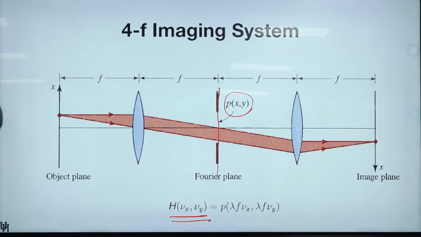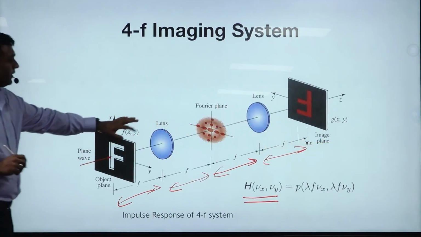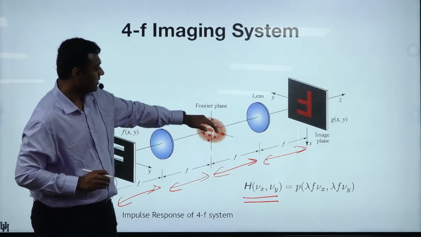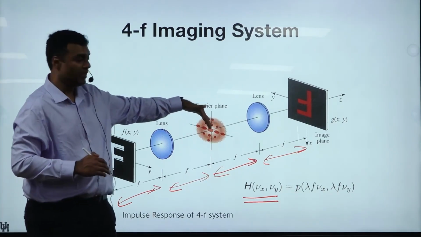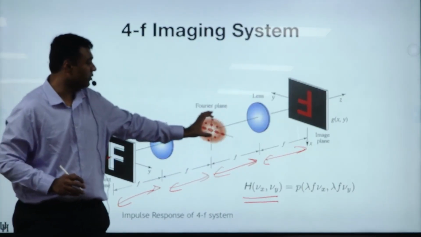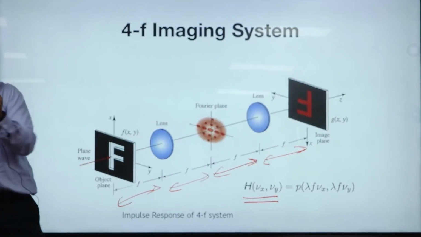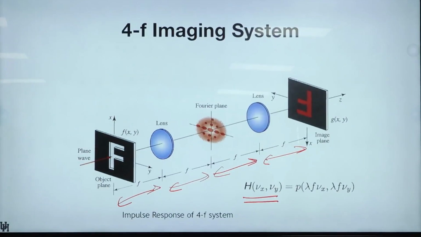You can put some kind of a screen. If you want to remove the high spatial frequencies, you can put something which literally physically blocks off high frequencies. If you want to remove low frequencies, you can put something which removes the low frequencies, or you can do any kind of filter.